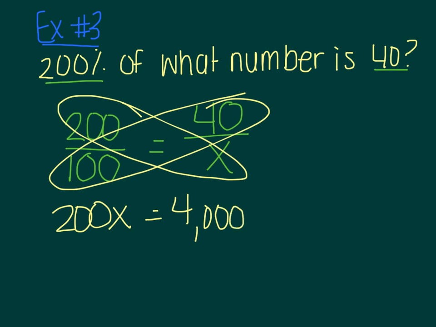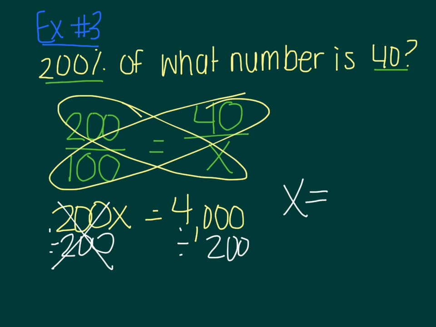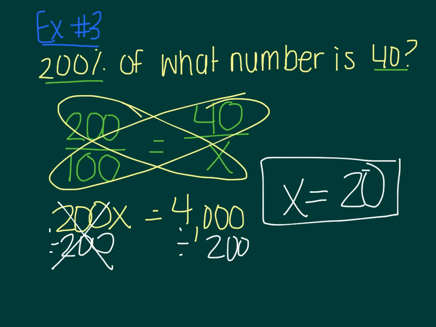We have to get X by itself, so we divide by 200 on both sides. This side cancels itself out. Then we do 4,000 divided by 200, and we get 20. So 200% of 20 is 40. And that's kind of like what we do on our number of the day.